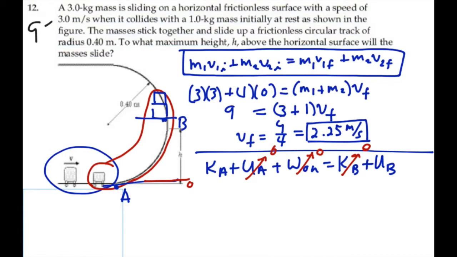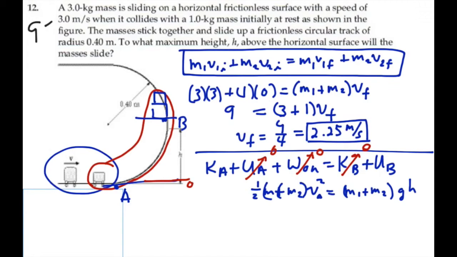So now we're left with the kinetic energy at A, 1/2 the total mass, m1 plus m2, times the velocity at point A squared, equals the potential energy, mass 1 plus mass 2, times g times h.